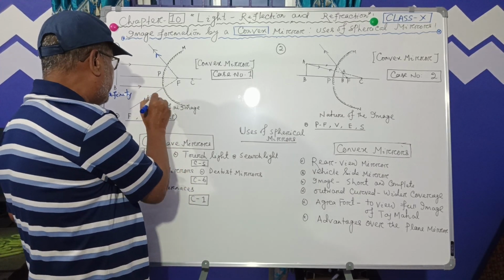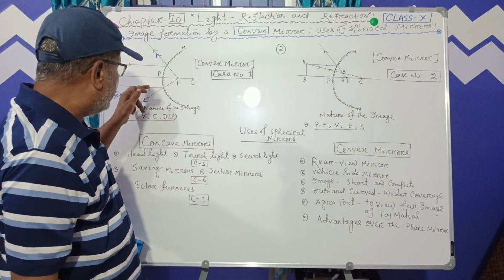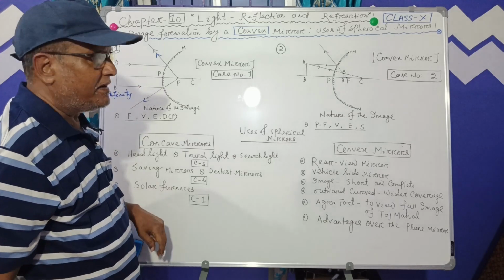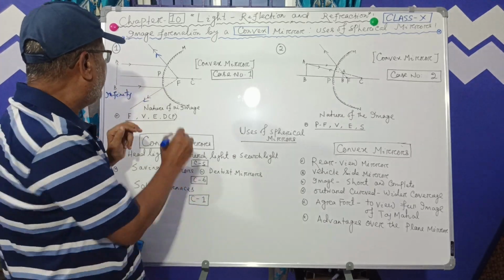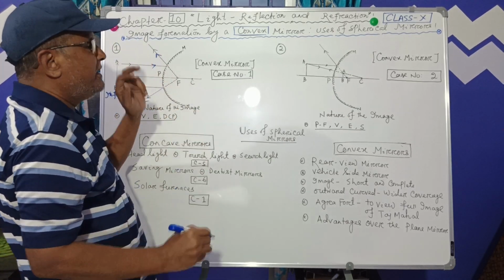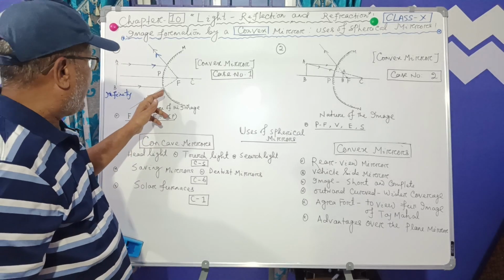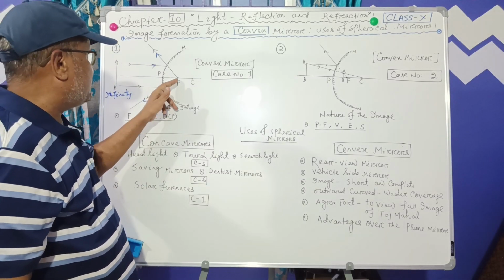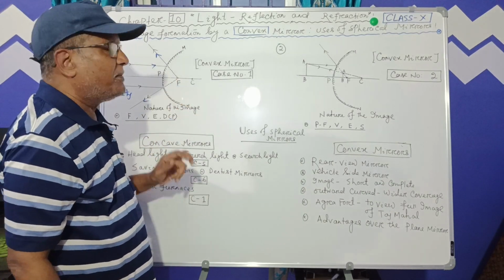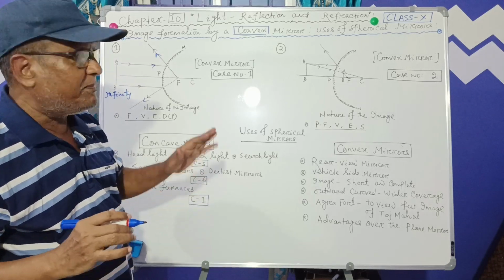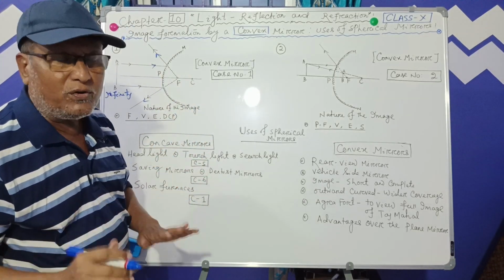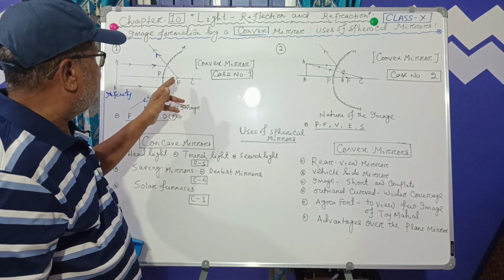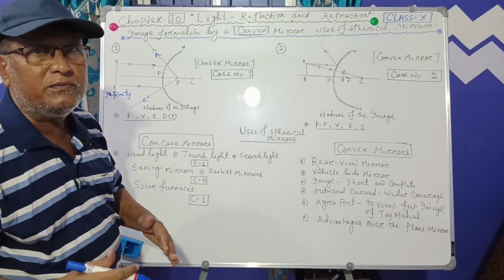This is called the incident ray, and this is called the reflected ray. After reflection, it appears to have come from the point on the principal axis, that is called focus. And you see, the focus is behind the mirror. This is virtual focus.